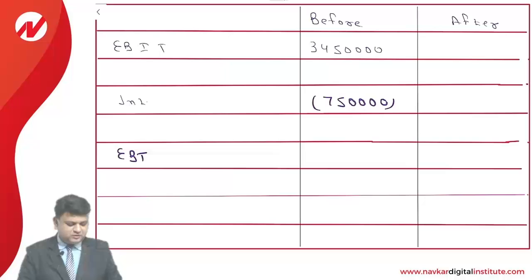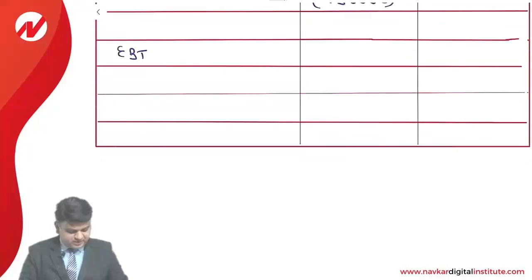The difference of both of them is earning before taxes. So 34 minus 7 comes to 27 lakhs. Earning after taxes is equal to earning before taxes. Why? Because we are required to ignore tax.